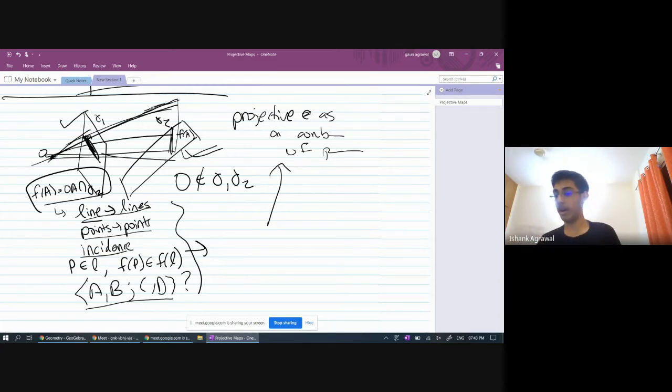Before I go on, what is an example of a map? Don't look at any of this for a second. What is a map that keeps lines as lines, keeps points as points, preserves incidence, and preserves cross ratio? What is an example of a map that you know? Homothety, yes, that's true. Anything else?